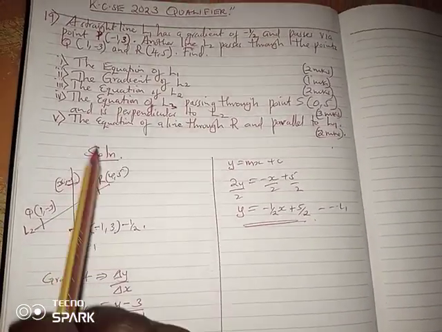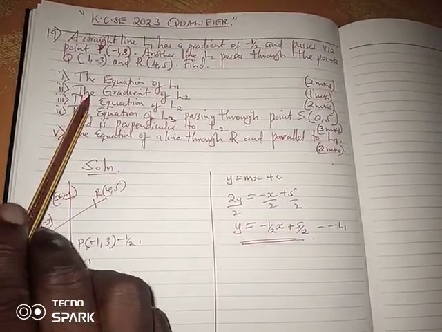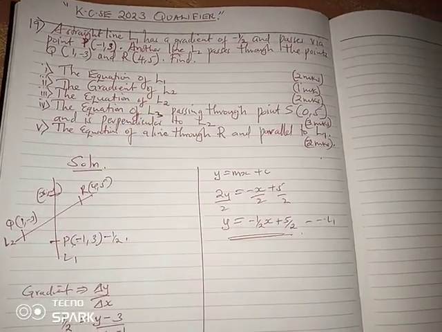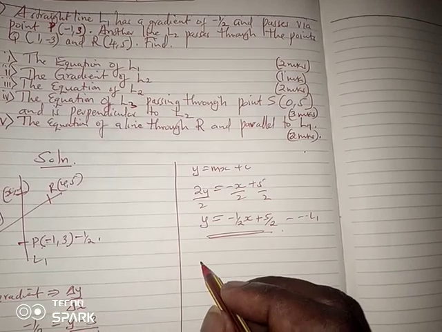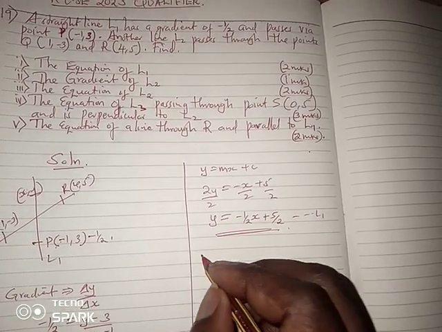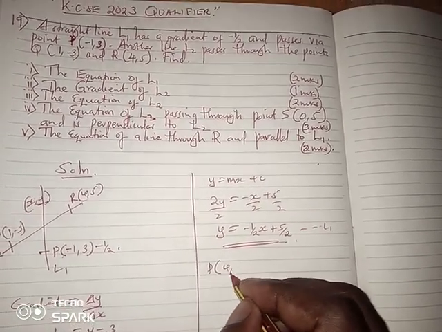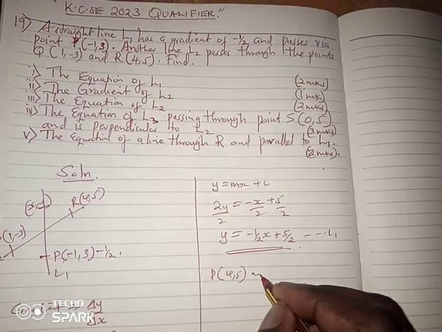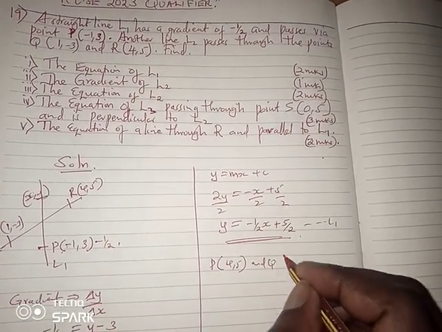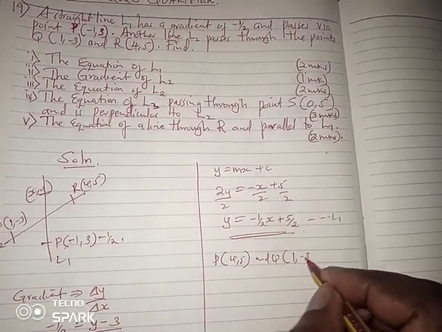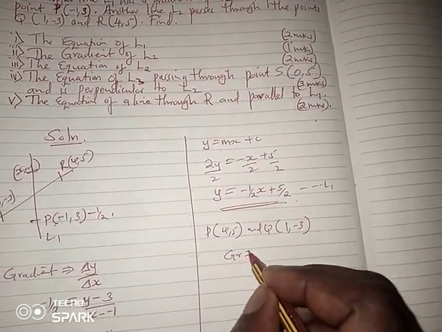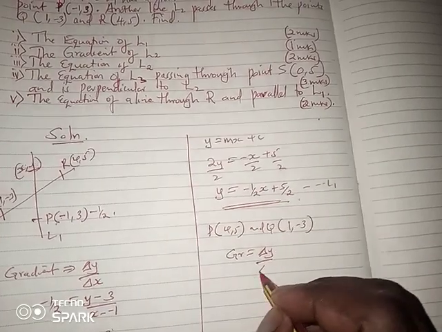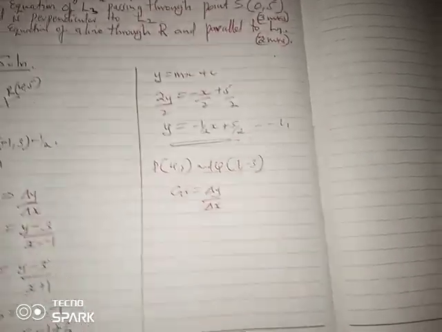Going to Roman 2, we are told to find the gradient of L2. For L2, we have two points, R(4, 5) and Q(1, -3). The gradient is simply change in y over change in x.